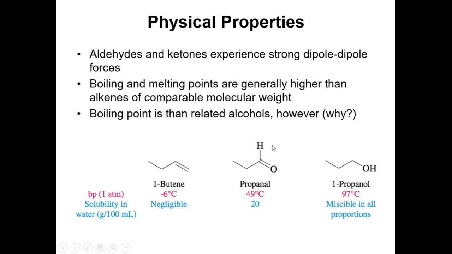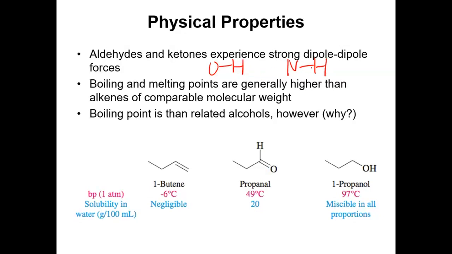Although ketones and aldehydes are polar, they do not have those highly polar XH bonds like OH bonds and NH bonds. So ketones and aldehydes cannot really engage in strong intermolecular hydrogen bonding, because for a hydrogen bond you need a hydrogen bond acceptor and a hydrogen bond donor. A hydrogen bond donor often is an OH bond or an NH bond.